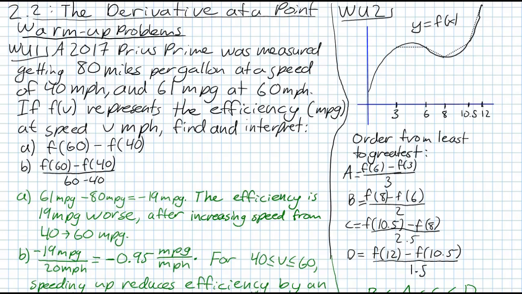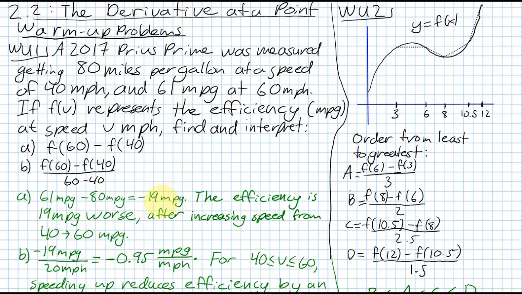here they are. So for warm-up 1 here, f of 60 means the velocity or the speed is 60, and f of 40 represents the efficiency when the velocity or the speed is 40. So that means doing 61 minus 80 miles per gallon, and that gives you a difference of negative 19 miles per gallon.